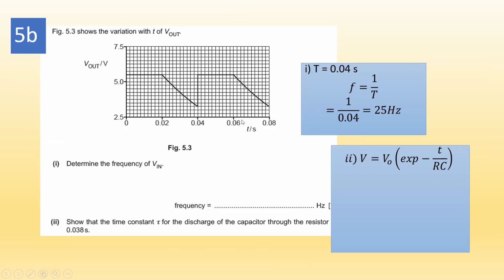Your V you can read from the graph. There's 3.25 here, 0.0380. You find your time constant first, then take the ln. Take this one down and take ln, then you get your equation there. Then the time constant.